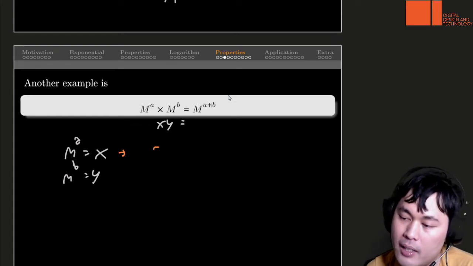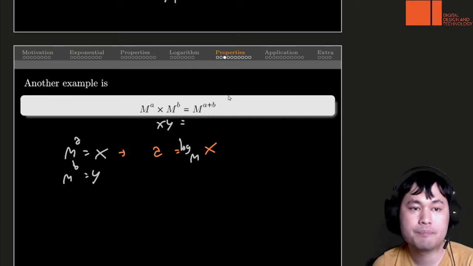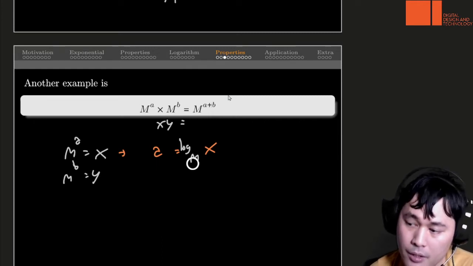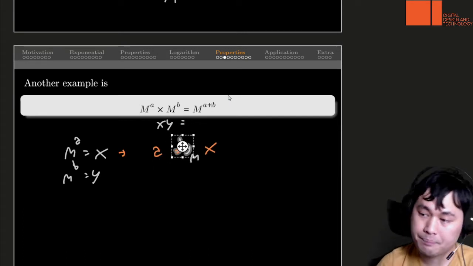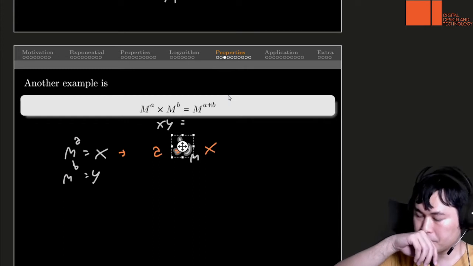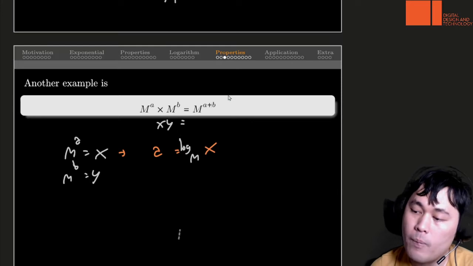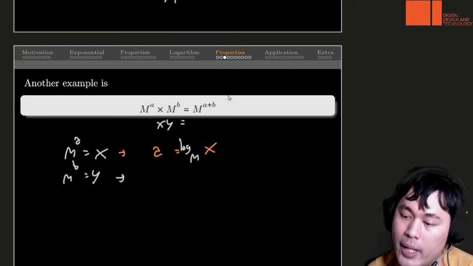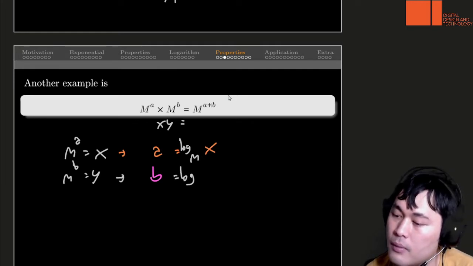So again, a and x stay the same. That gives you log base m of x. So m to the power of a is x. And then likewise, you can get the value of b by using the logarithm. It's going to be log base m of y.